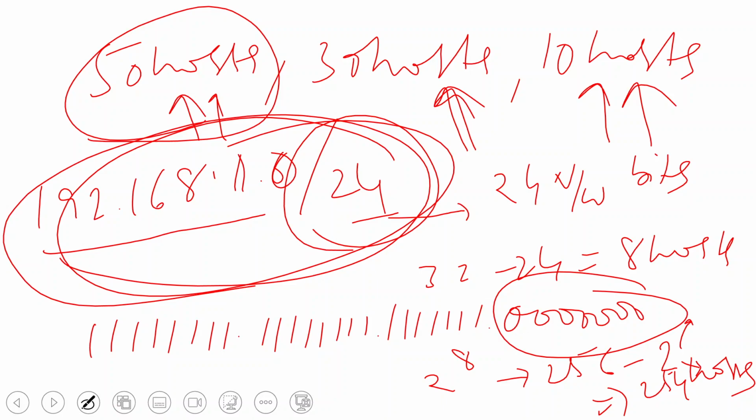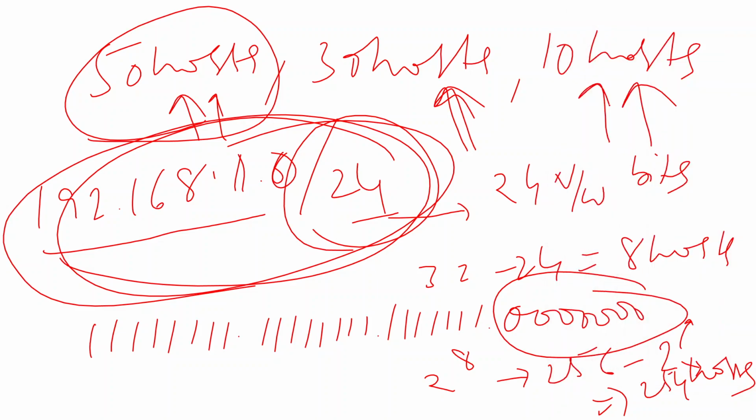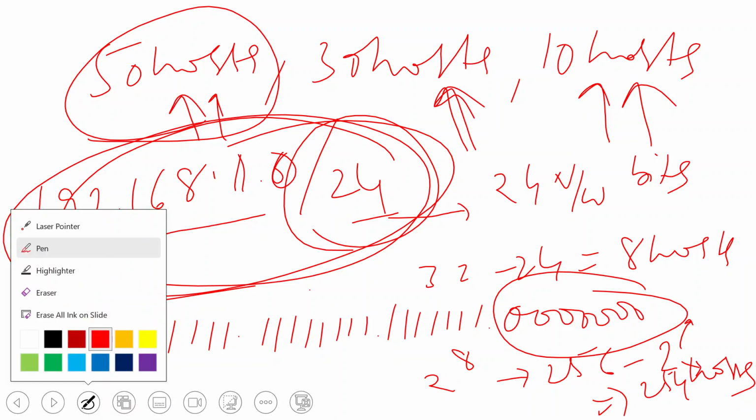If I have 10 employees in a different department, I will give them some of these 254 addresses, and then the remaining IP addresses I will provide to a new department that starts in my company. That's how it works. So again I will erase this and then start.